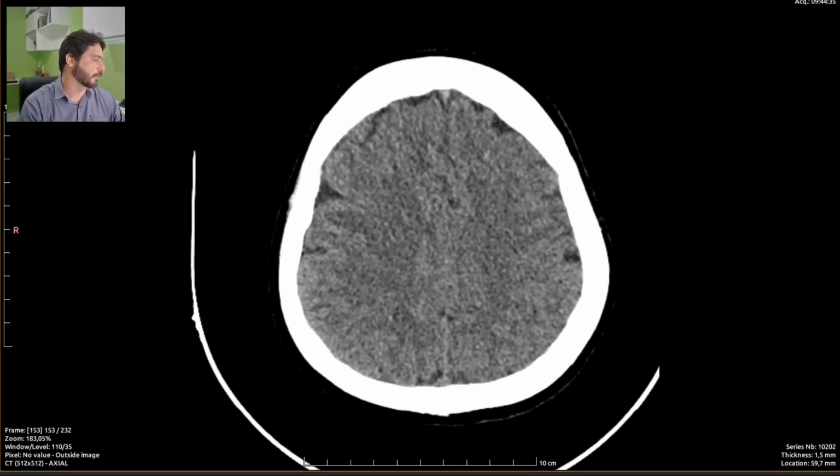I have a template that I can just copy and paste because it's rather common to have an exam like this, so it's useless to type the entire report if I can just have a template.